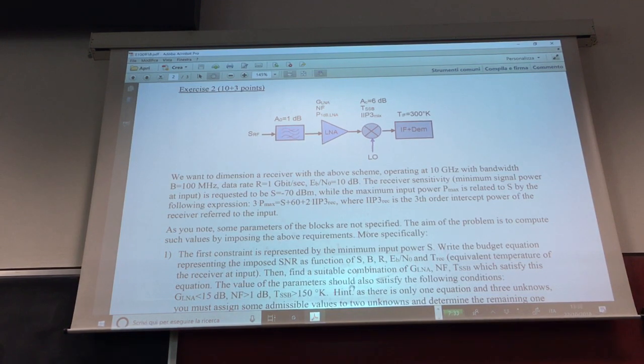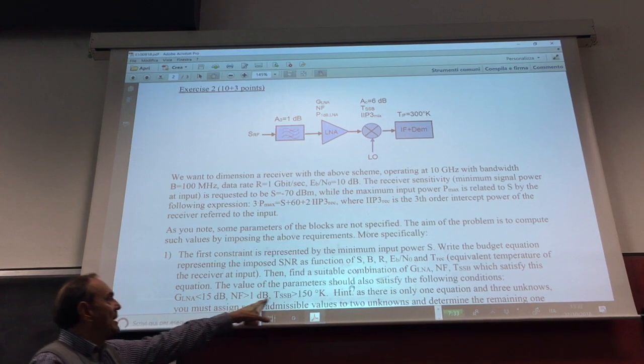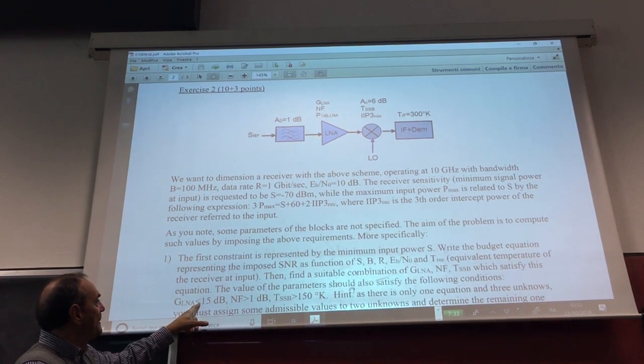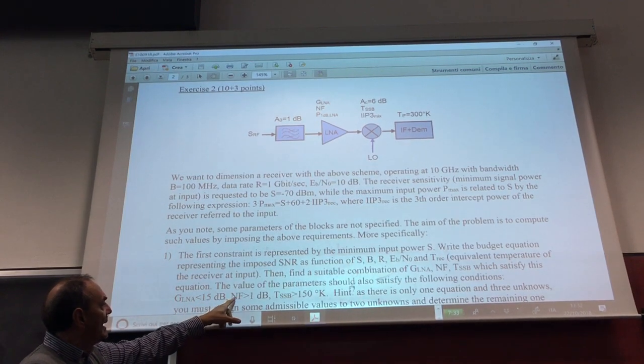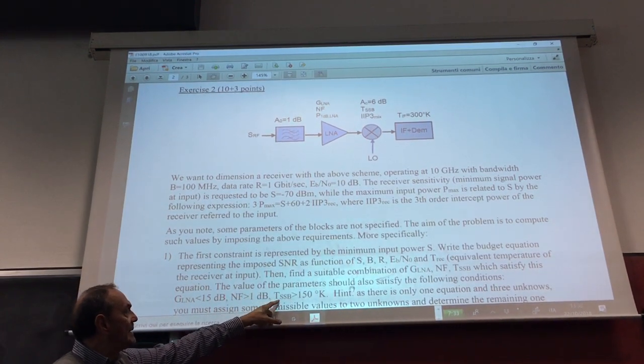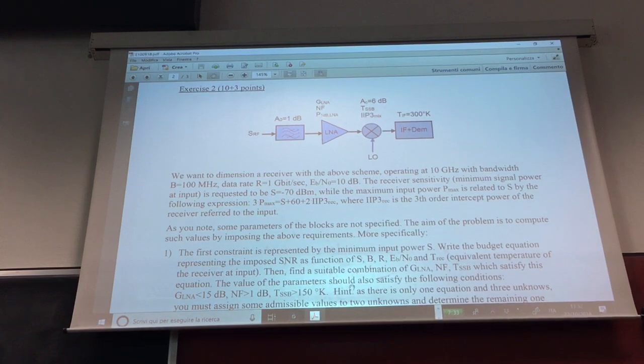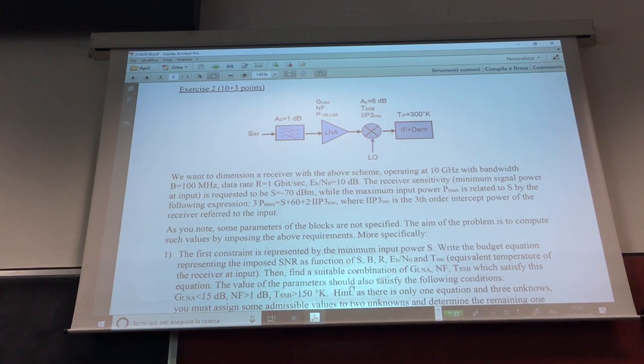So these are the constraints that have to be satisfied. These three: G LNA lower than 15 dB, and F larger than 1 dB, and T SSB larger than 150 degrees.